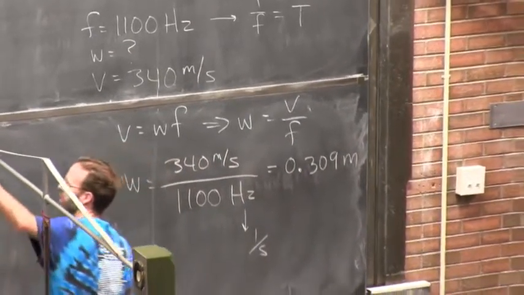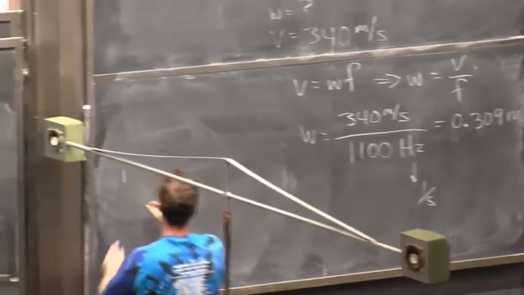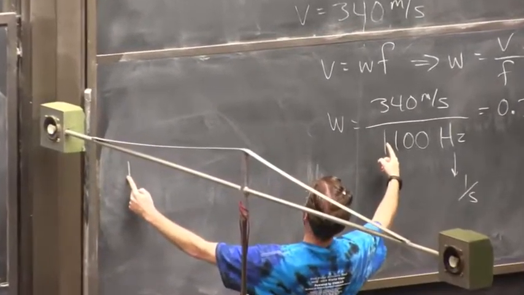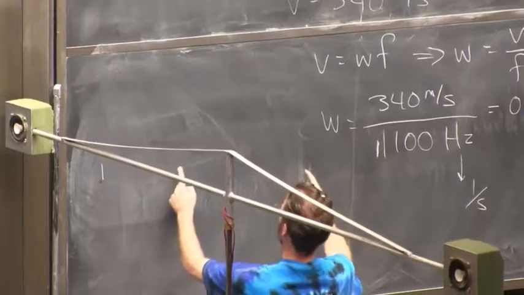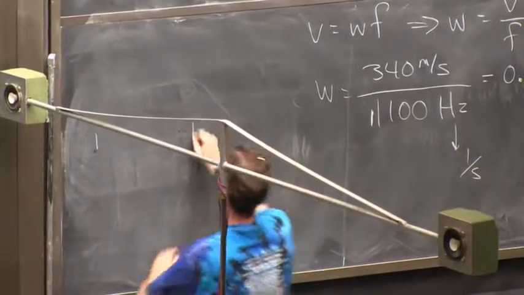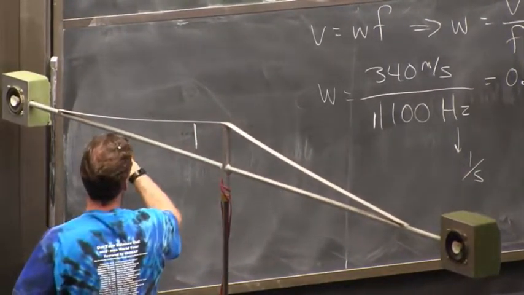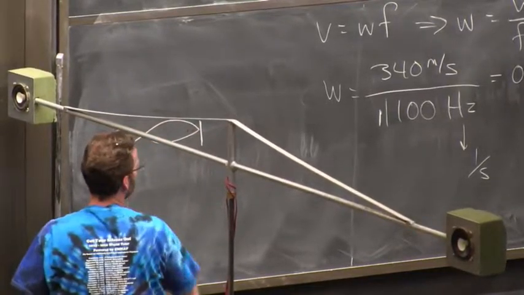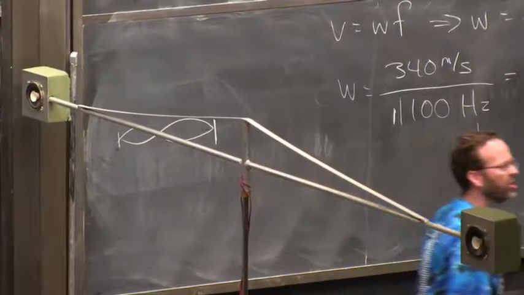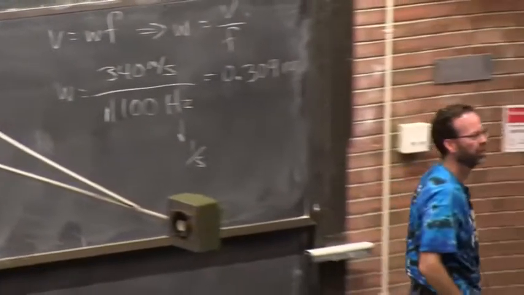Let's see. That would look like, a meter is roughly that. So this is roughly a third. So it looks like that. Is that what we're saying?